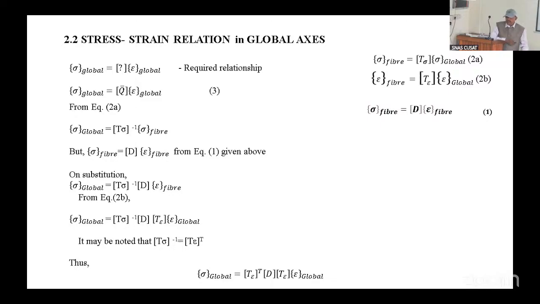In a rubber sheet and all, if you do that, it will not apply. So because of the continuum, the matrix becomes symmetric. Because of the symmetry, T sigma inverse is equal to T epsilon transpose. We see both are the same. So finally, sigma global is equal to T epsilon transpose D T epsilon global.